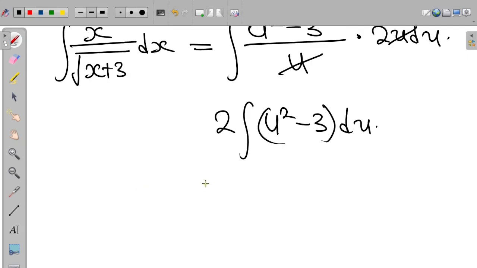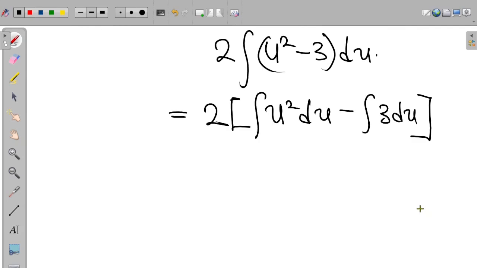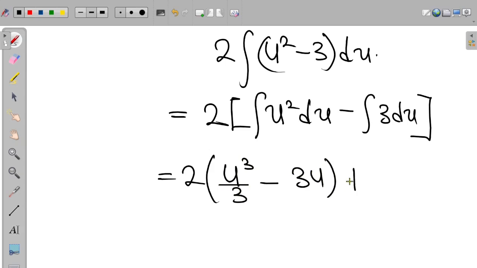So we can have that this is 2 open bracket integral of u squared du minus integral of 3 du. We close up our bracket. So upon integrating, this becomes 2 multiplied by u to the power of 3 divided by 3 minus 3u plus c, which is our constant of integration.